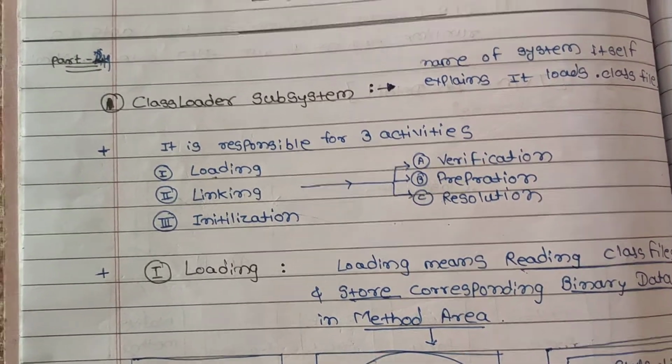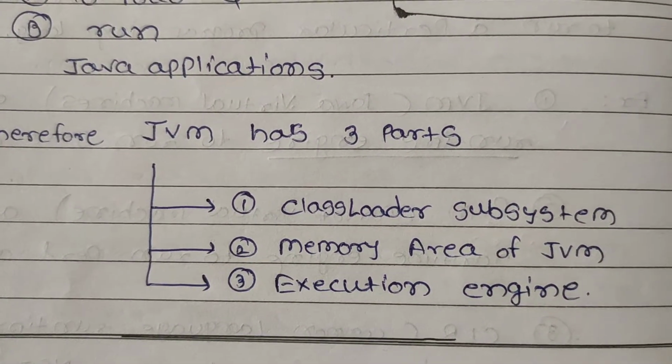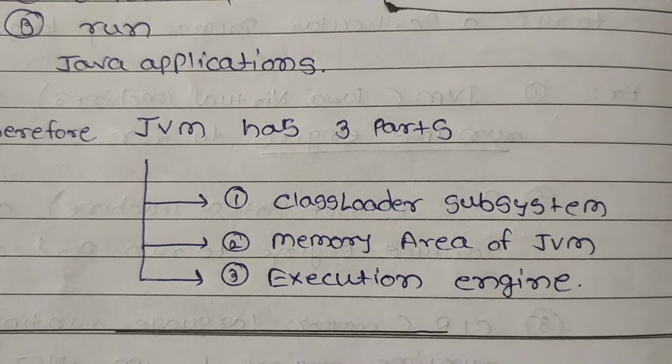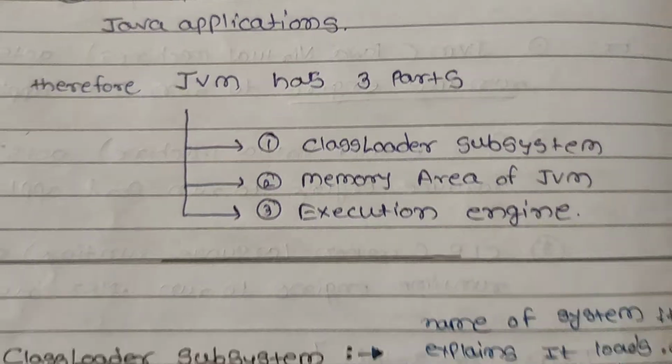There are three parts of the JVM: class loader subsystem, memory area of JVM, and execution engine. So today we are learning the first part of the JVM, which is the class loader subsystem.